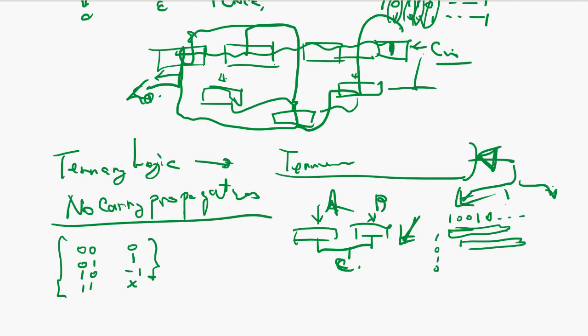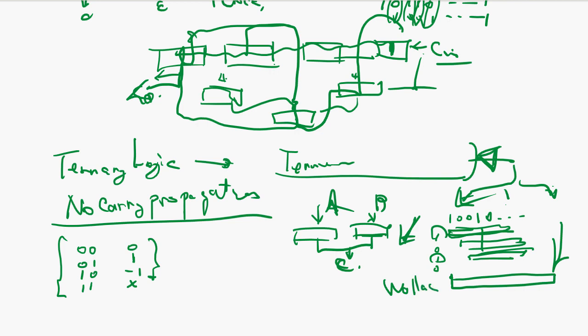Basically this one and this one are added to generate the multiplication result. So it's a bunch of adds. So when the add is sped up by ternary logic, then multiplication gets much faster than the traditional Wallace tree architecture.